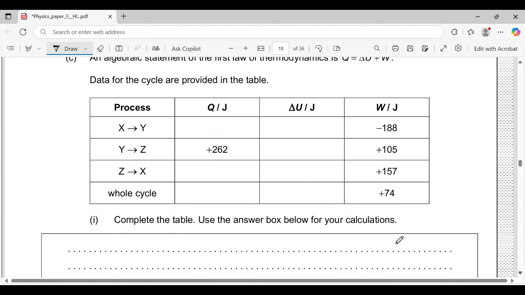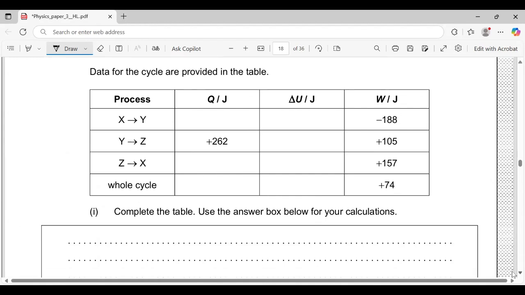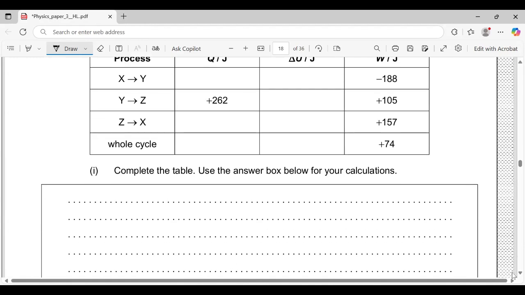I would like to start from process X to Y. Work equals minus 188.